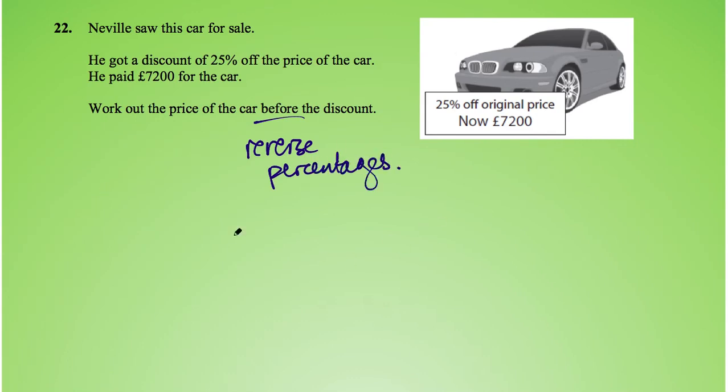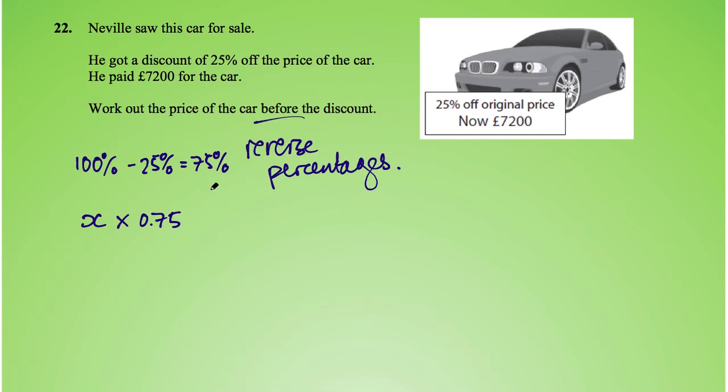Two ways of thinking about this. Either you think about the percentage multiplier that would reduce 25%. So you've got your original cost X, and to reduce it by 25%, you would multiply by 0.75 because 100% minus 25% is 75%.